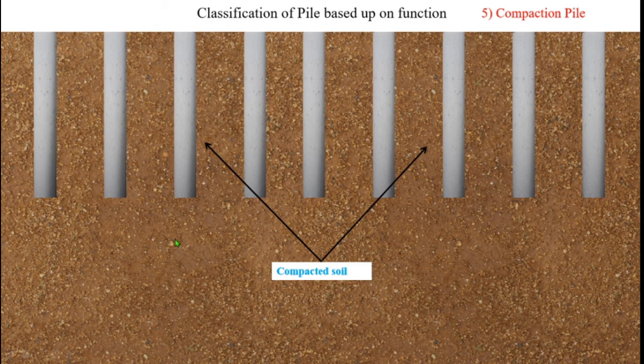And what the sand does is, that sand attracts, it creates a negative potential, and because of that, all the water which is present into this area gets attracted toward this sand. You can pull out that water by providing the pumping equipment, and you can also do the dewatering of the area, and that is also used for the compaction of soil. So you can basically improve the property of soil by using the compaction pile technique.